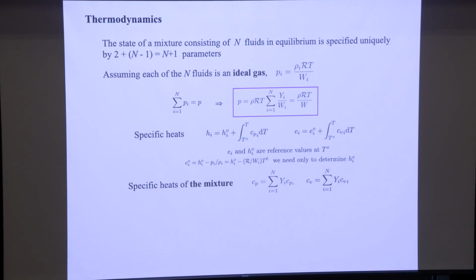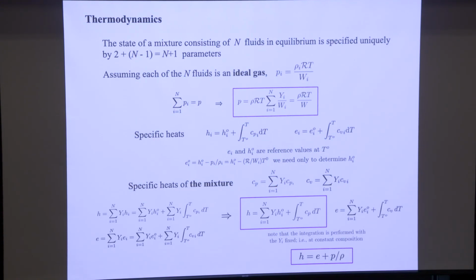So CP is the sum of Yi CPi, CV is the same. And one can also write the enthalpy of the total mixture and the internal energy of the total mixture by just summing Yi Hi and Yi Ei. And so you have those relations.